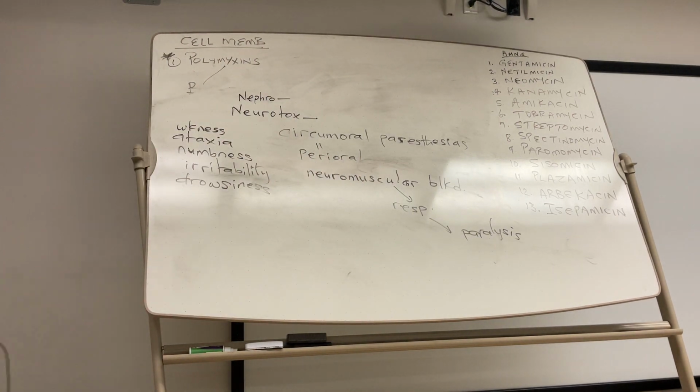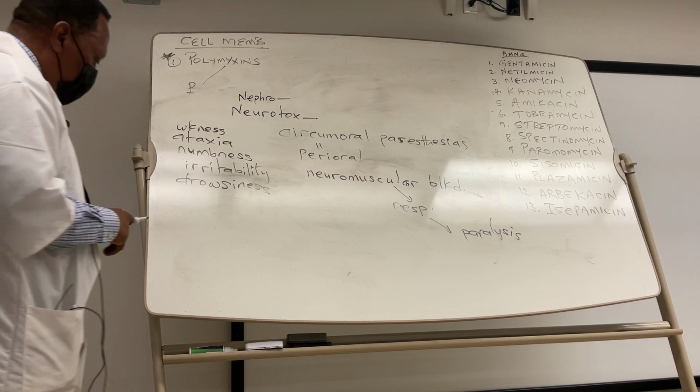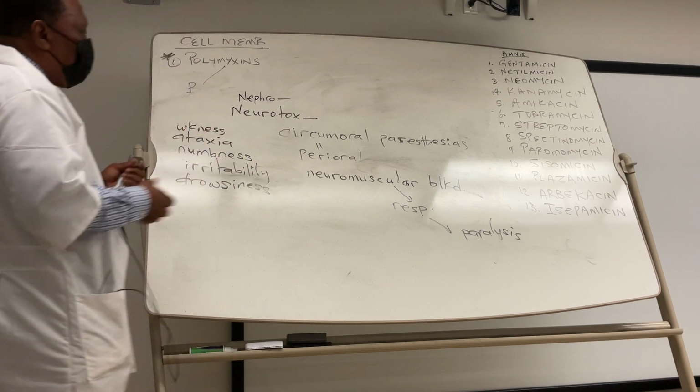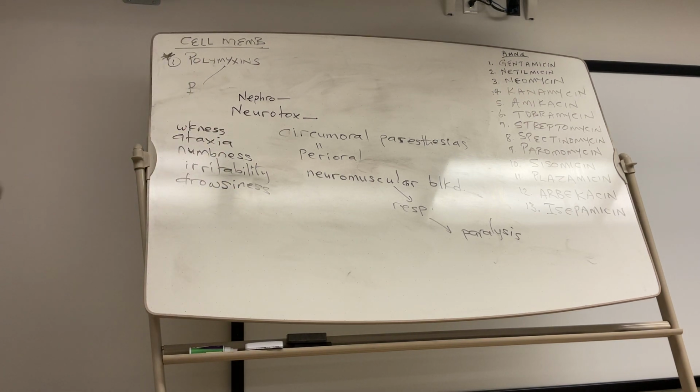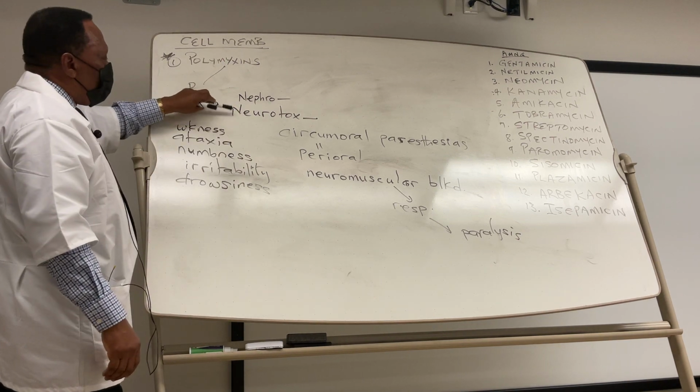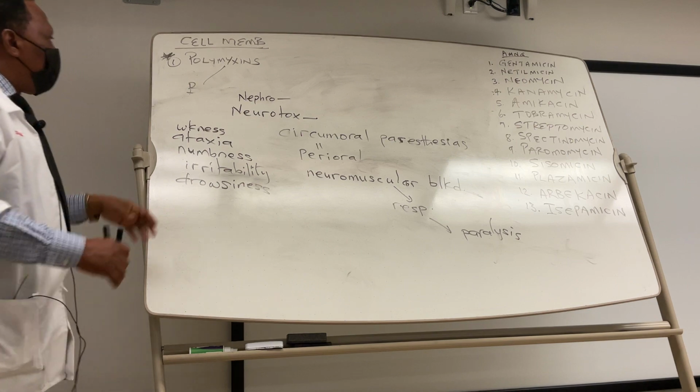The patient can then have apnea or severe interruption of respiration. So those are all manifestations of the neurotoxicity caused by polymyxin.